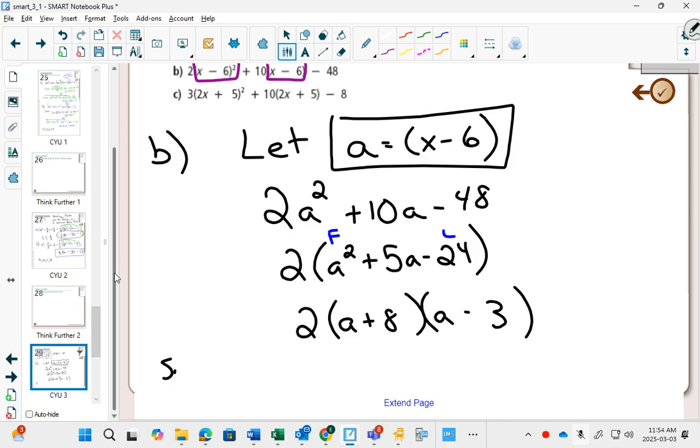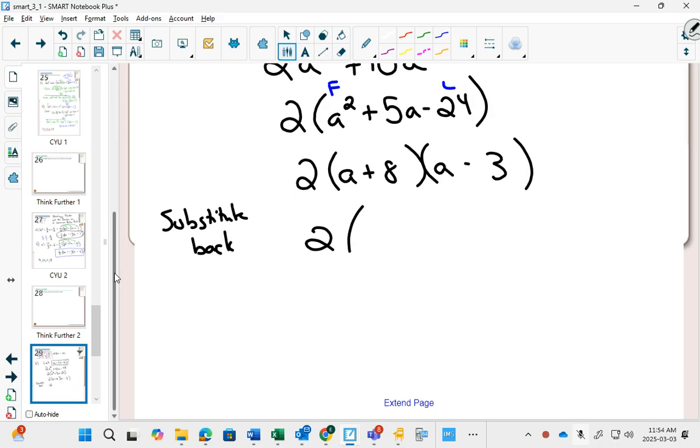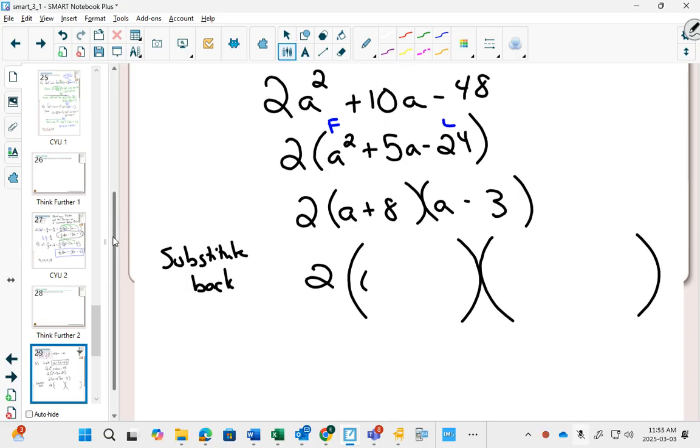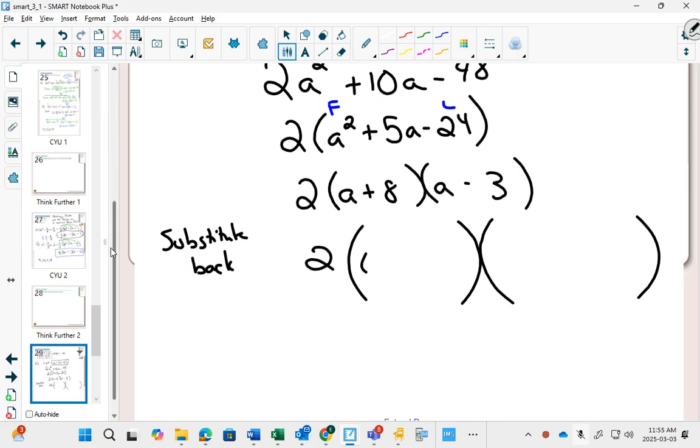So our last step now is we have to substitute back to x's. So I still have the 2. I like using big brackets and little brackets. Now where the A is, I can substitute back because I made A equal to x minus 6. I can substitute that x minus 6 back.